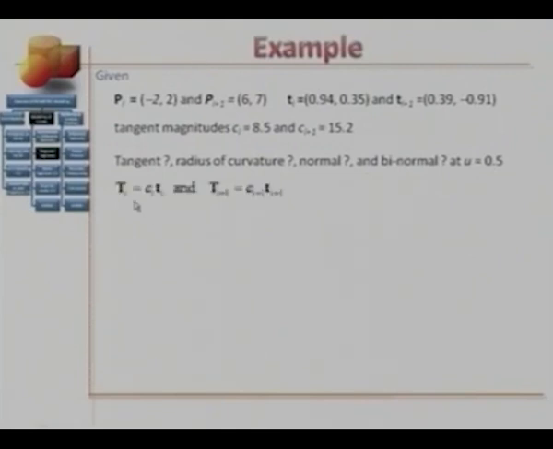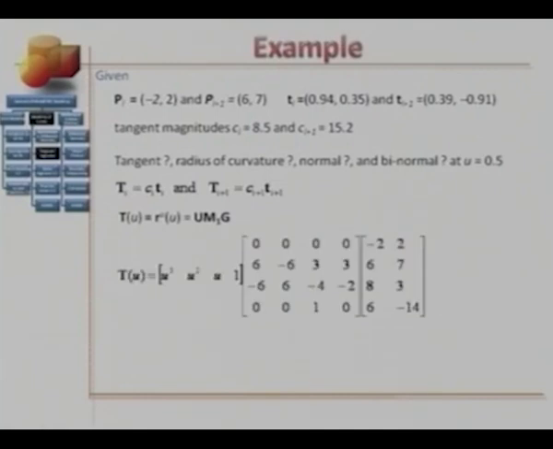We have capital Ti as small ci, which is this value, times the unit tangent ti here, and capital Ti+1 equals ci+1, which is 15.2, times the unit tangent ti+1. In short form, T of u, the first derivative of r with respect to u, is equal to the U matrix times the coefficient matrix M1 times G. Here are the details.